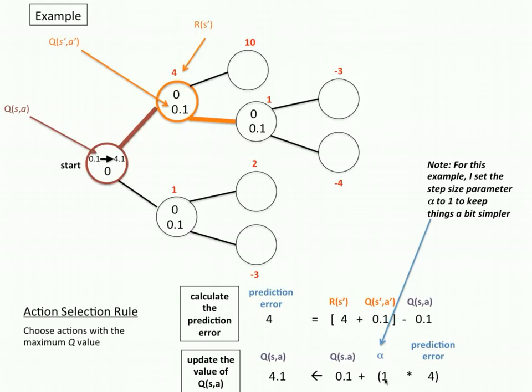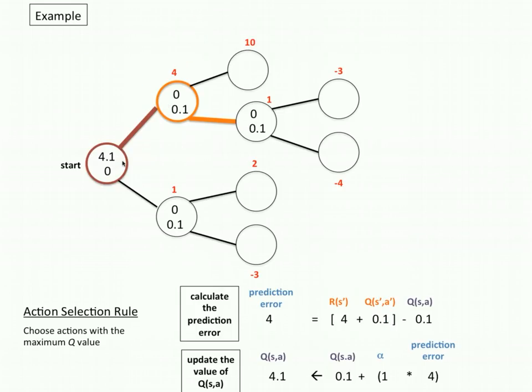I realized that in the calendar problem I had used 0.5, but I want to keep things a little more simple here, so I'll use 1. The previous Q value, that is for Q(S,A), was 0.1. And so my new Q(S,A) is 4.1, and I'm indicating that updating right up here. So now that update is complete, and I'm ready to make another transition.